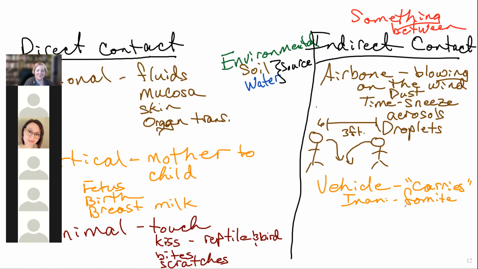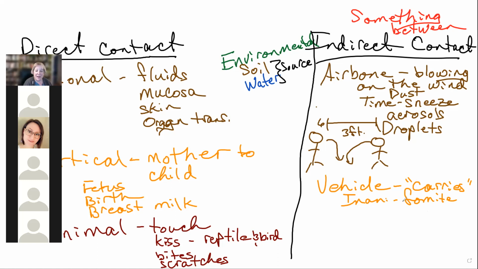Yeah. So if somehow a turtle goes and touches a doorknob and then I touch the doorknob and get salmonella, is that still indirect contact, or does it have to be human to human? No, it can be indirect from an animal.